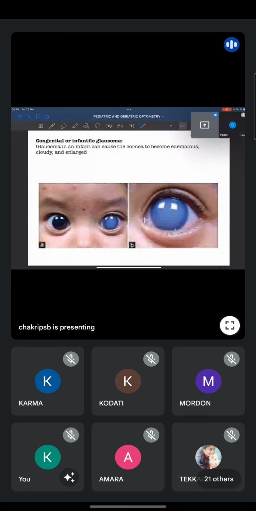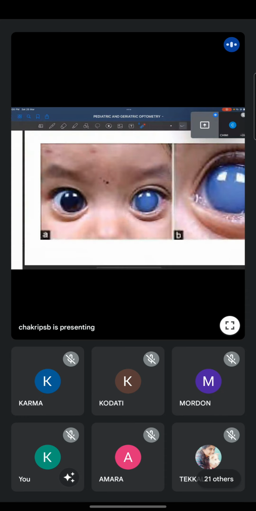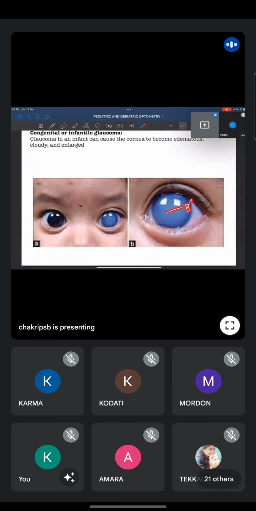And next is infantile glaucoma. This is the difference from normal. See here it is megalocornea and the eye looks bluish. An enlarged cornea will be there, and the opaque cornea will not be transparent.